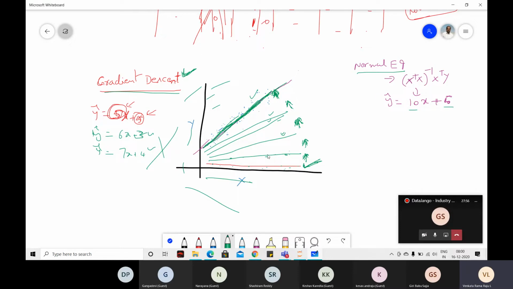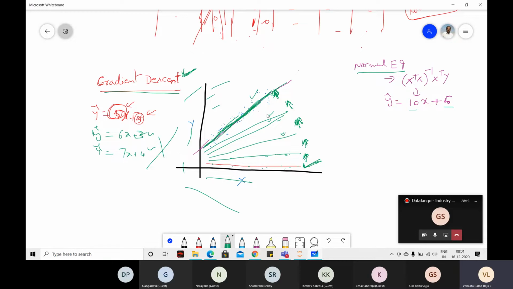It tried to find the next theta. How it is finding, we'll see in a moment. And it found that the error reduced. The goal of the solver is to reduce error. While reducing error, it is finding the best fit line. The consequence of reducing error is the best fit line.